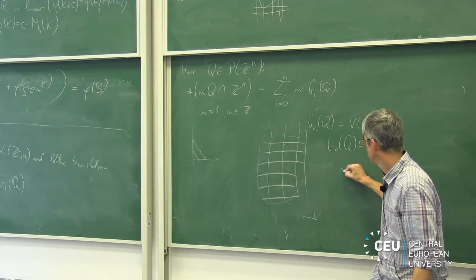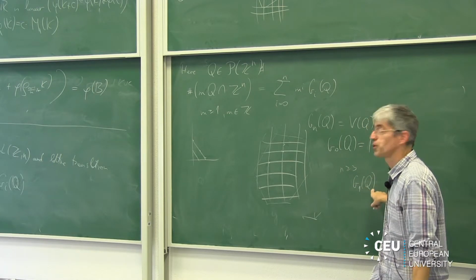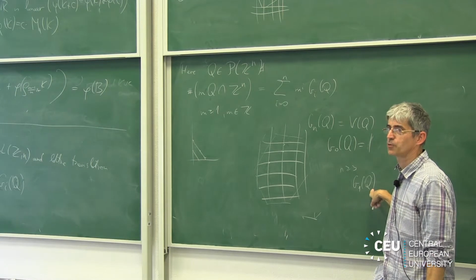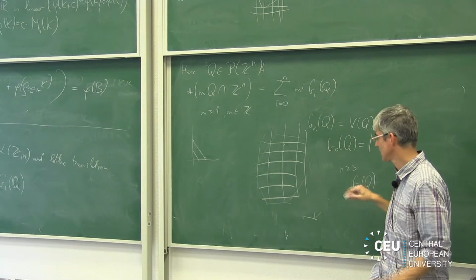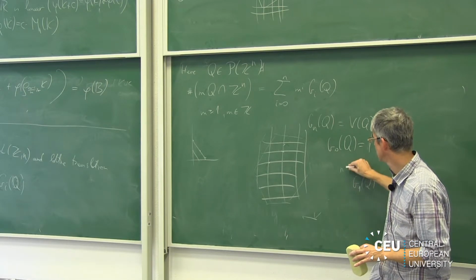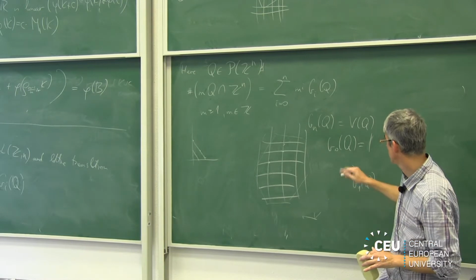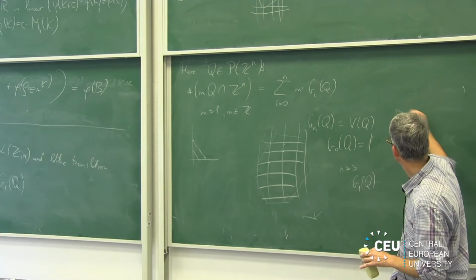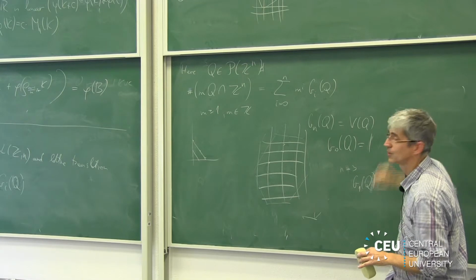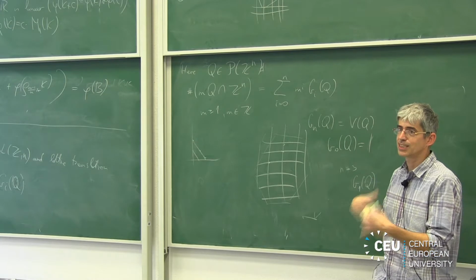But it's very funny that if n is at least 3, then say g_1(Q), the first non-trivial coefficient, is already a very strange thing. Say when n equals 3, this is the first interesting case. If you take Q to be a tetrahedron that does not contain any lattice point other than the vertices, these are the basic objects.